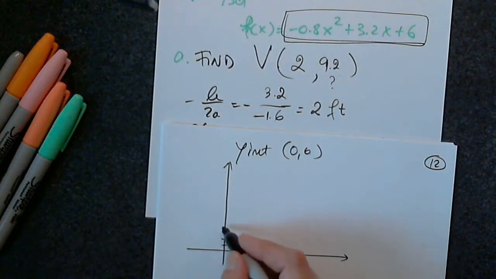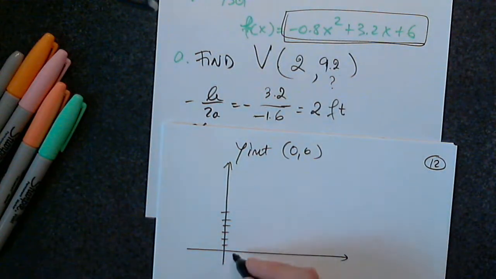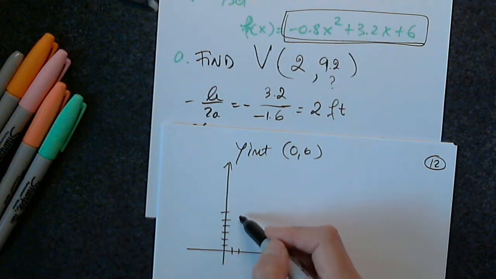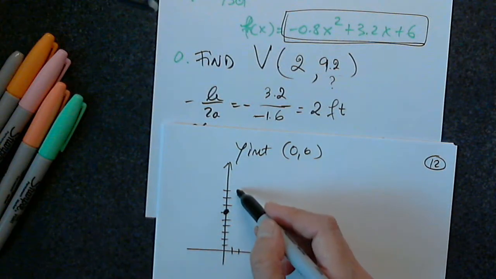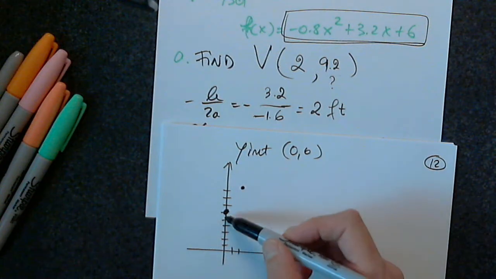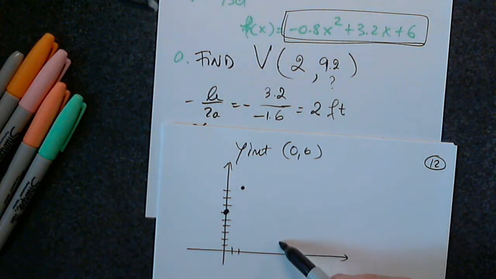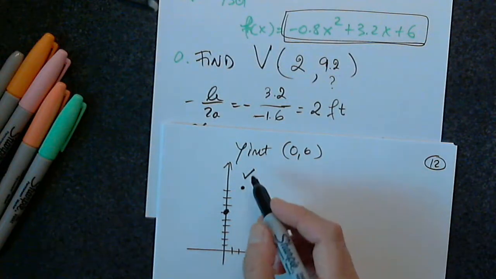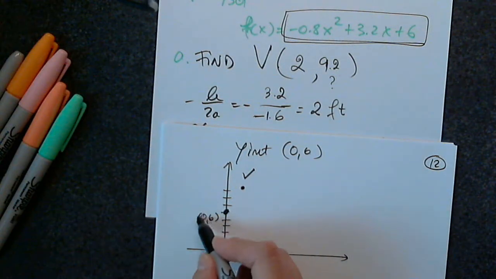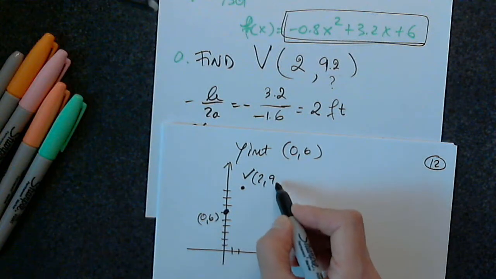So 1, 2, 3, 4, 5, 6. The vertex is at 1, 2, 6, 7, 8, 9.2. So I already have the vertex, (2, 9.2), and the y-intercept, (0, 6).